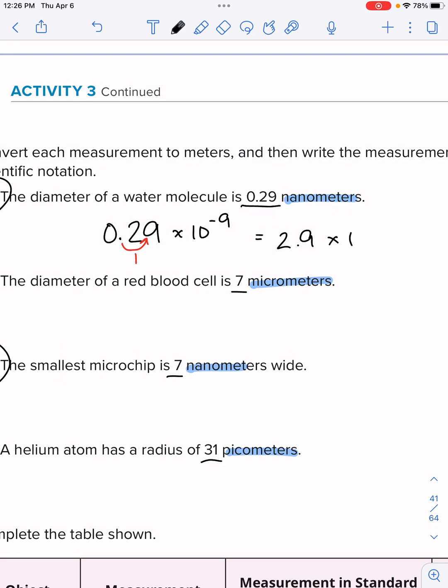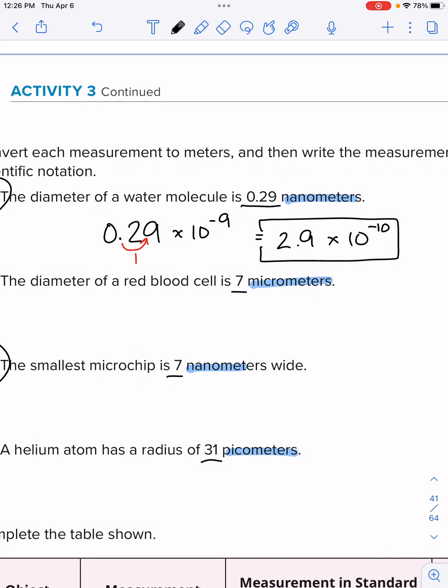That's what we want, times 10. Since I'm moving this to the right, I have to take that exponent and decrease it. So think of going down 9 floors for this negative 9. I'm going to go down another floor, making it negative 10. So this is the correct answer here.